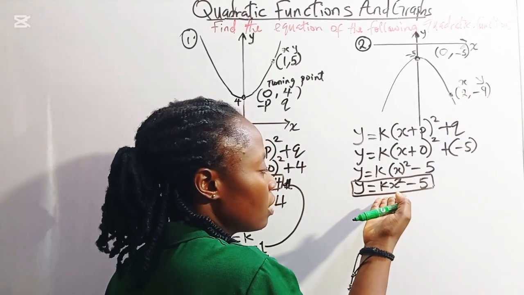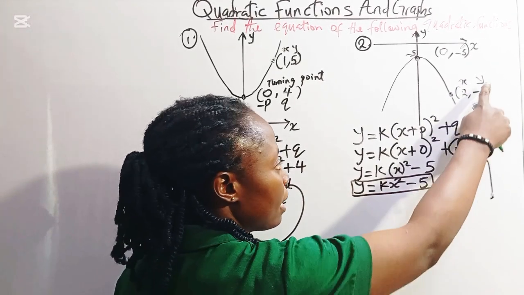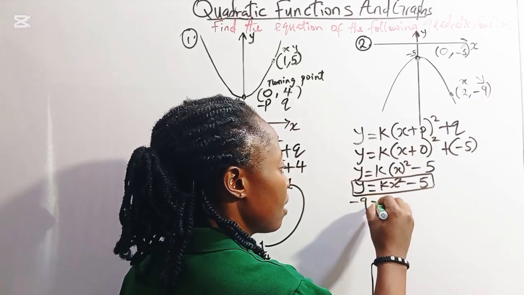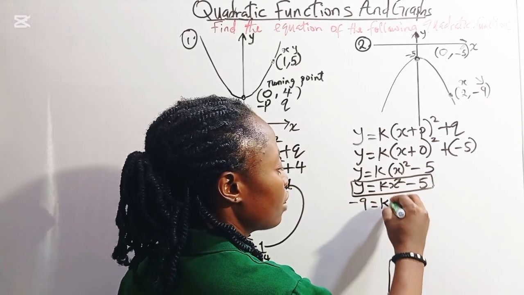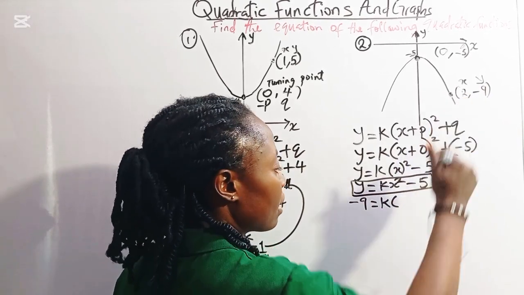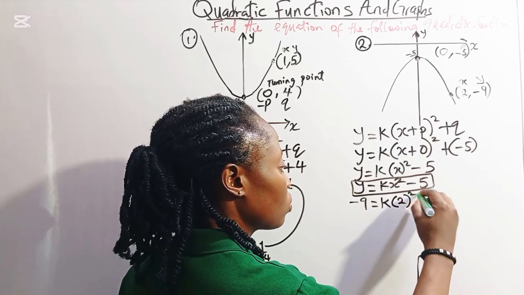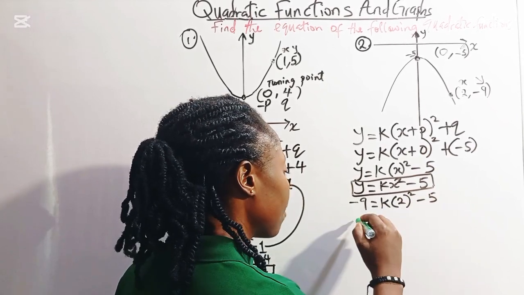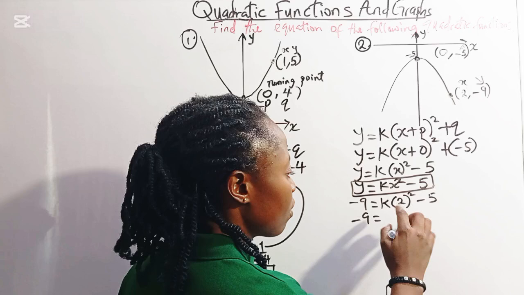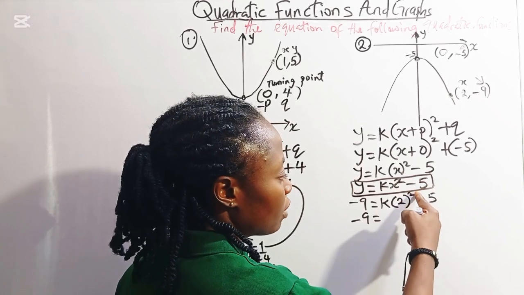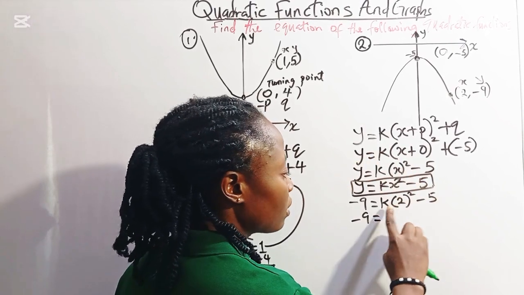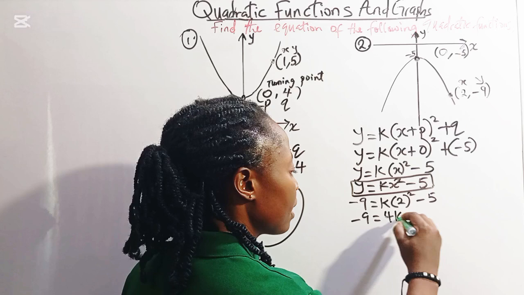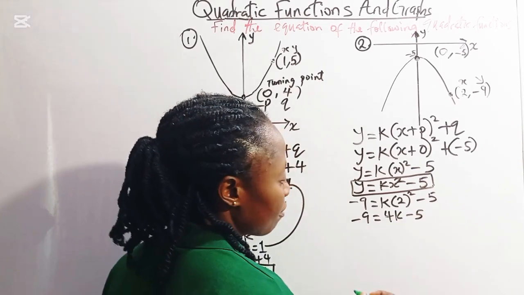So we are substituting the values here. y is -9 equals k, that's what we are looking for, and our x is what? 2 squared minus 5. So we have -9 equals 2 squared, that's 4, 4 times k, that's 4k, minus 5.